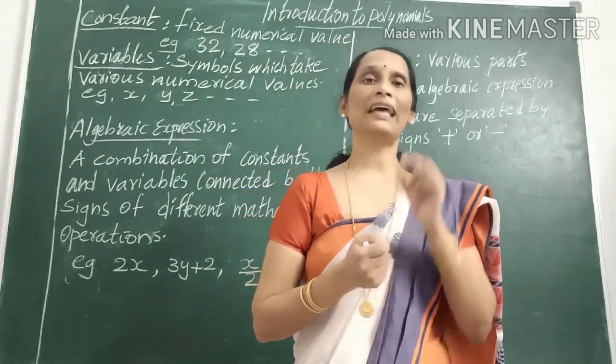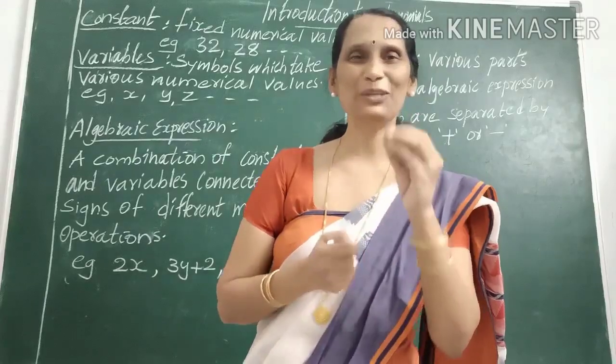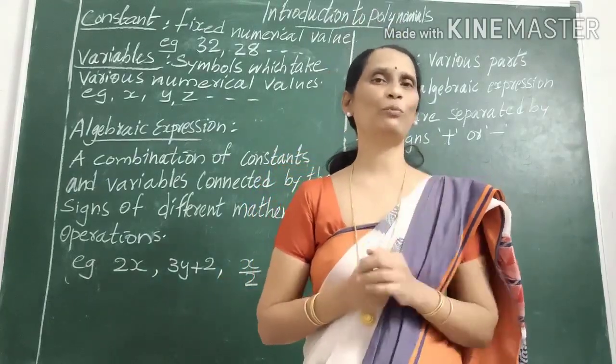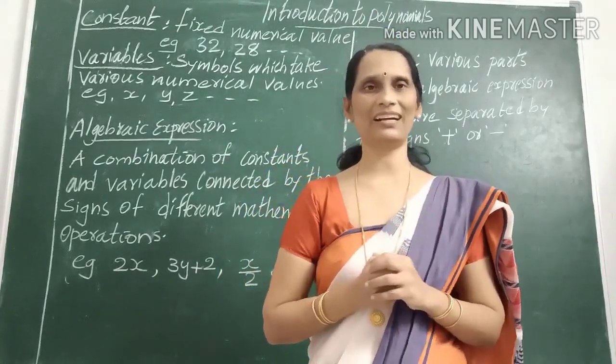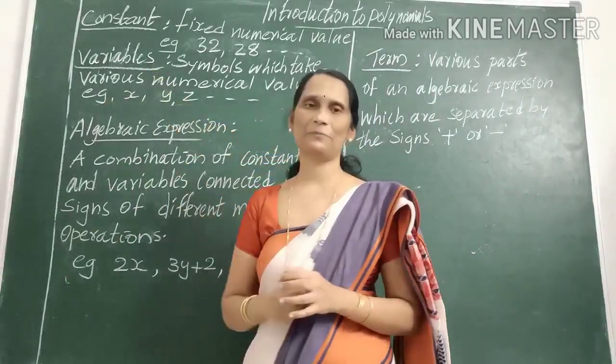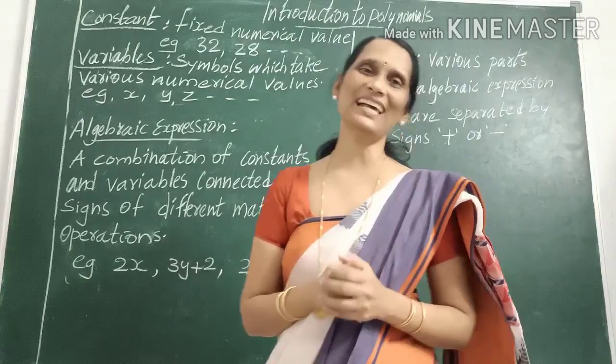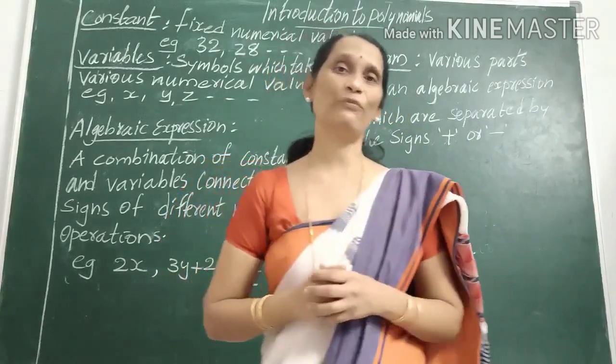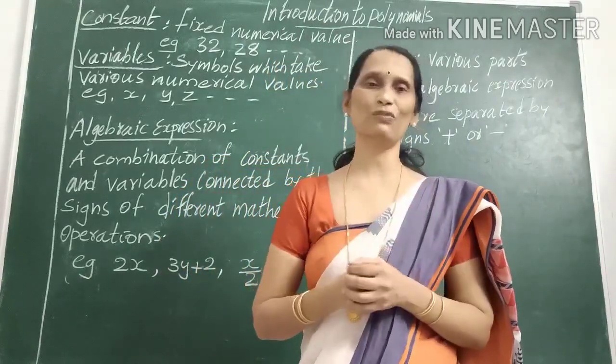That symbol we are using in polynomials and in algebra is named as variables. So variables are the symbols which take various values.